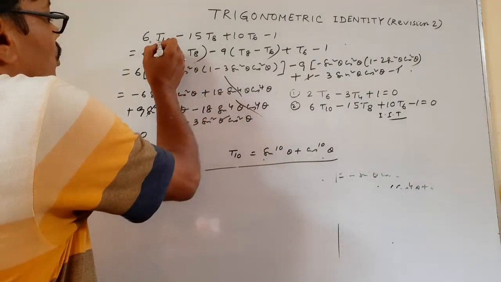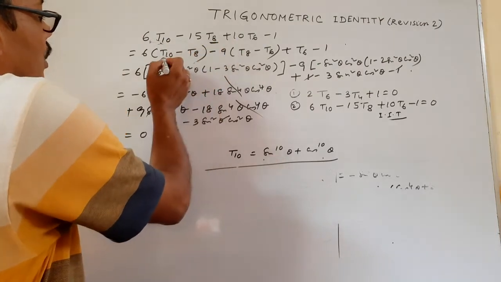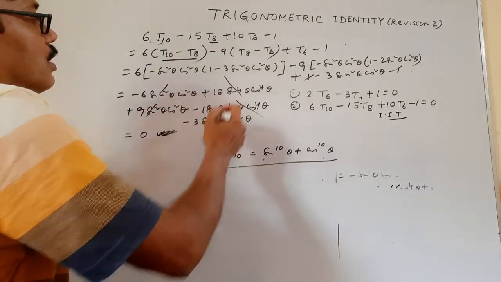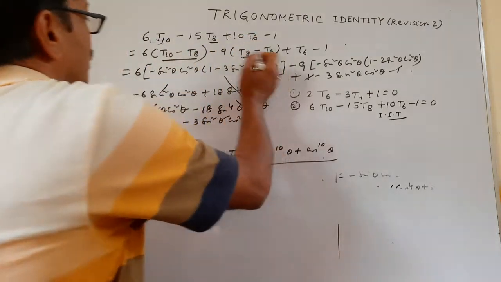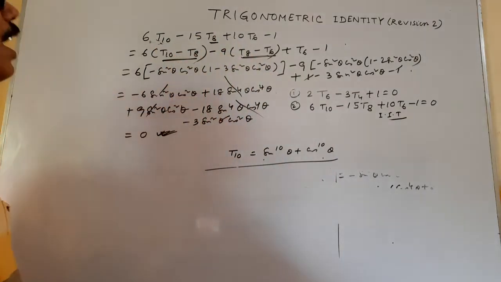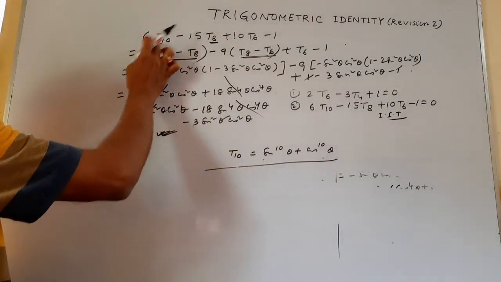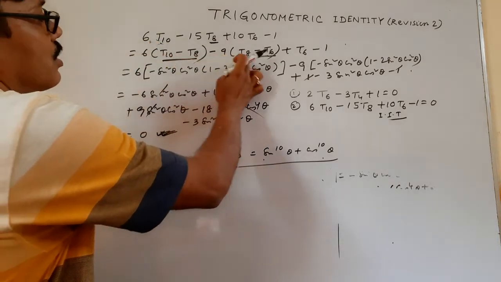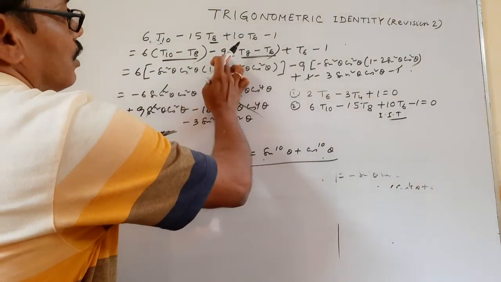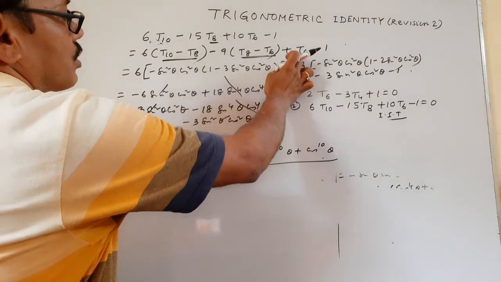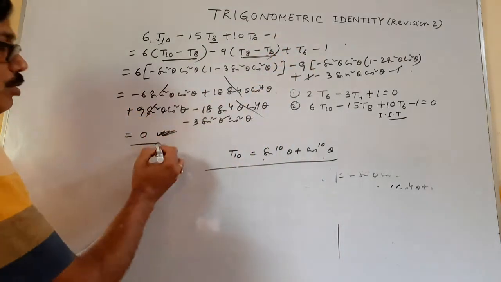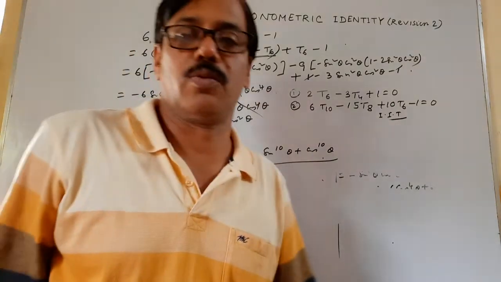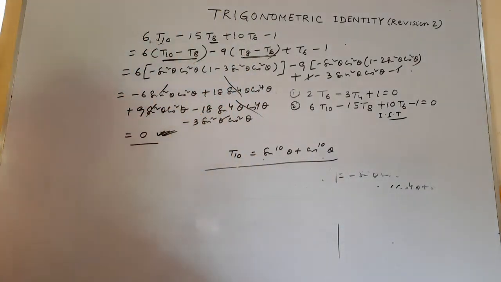That is why, since T10 is present, we are taking T10 minus T8, T8 minus T6, then adjusting the power. 6 T10, 6 T10, 6 and this is 9, 9 T6 plus T6, 10 T6. Put the value and we get the value as 0.